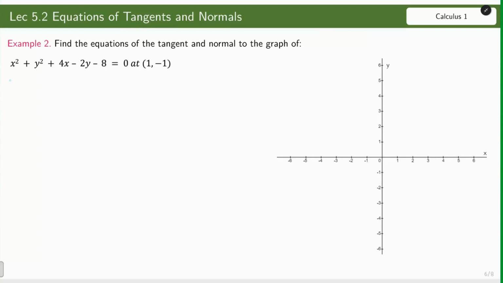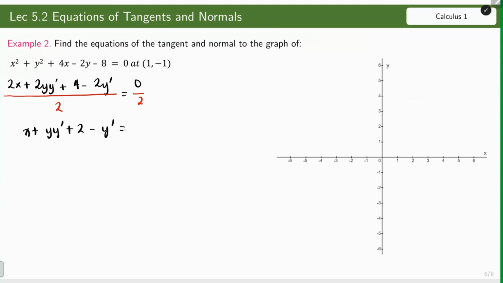Differentiating implicitly yields 2x plus 2yy prime plus 4 minus 2y prime is equal to 0. Since each term on the equation has 2 or even, they are all divisible by 2. So let us divide both sides of the equation by 2. So it will be easier for us. We have x plus yy prime plus 2 minus y prime is equal to 0.